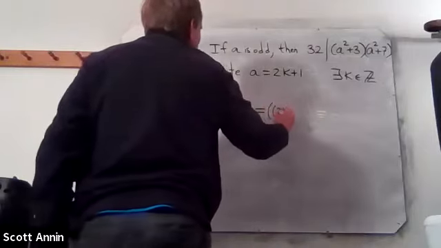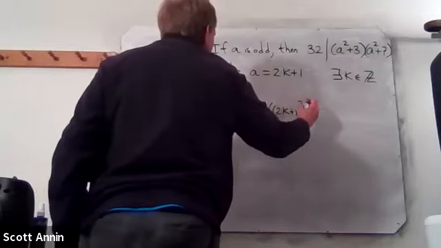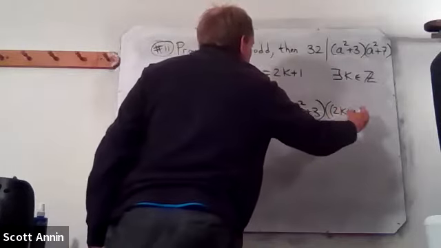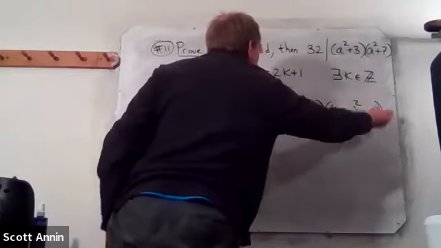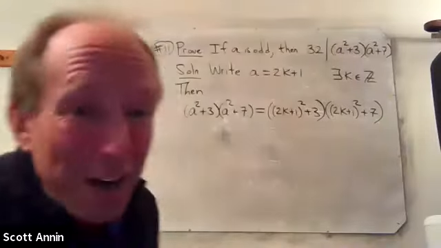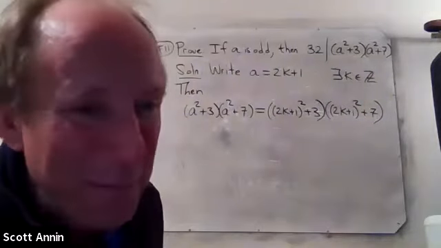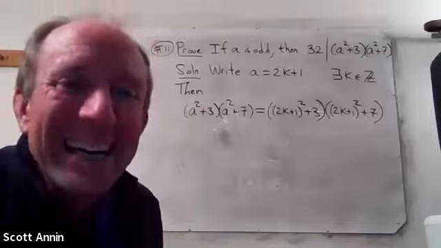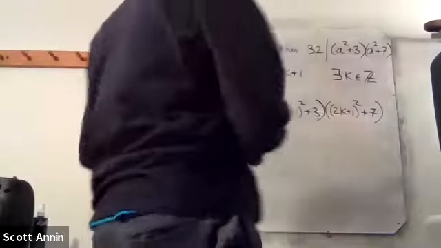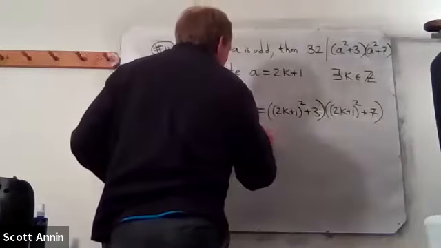This is going to be 2k plus 1 squared plus 3 times 2k plus 1 squared plus 7. And we just have to be very careful when we multiply this out. We don't want to mess this up, otherwise we're not going to get the conclusion that we want.